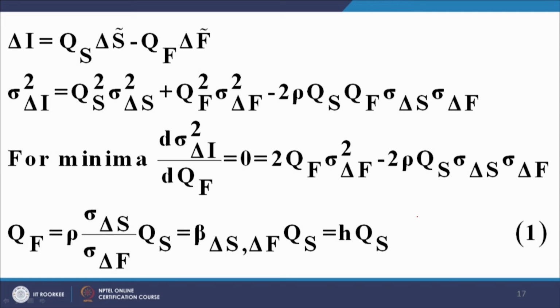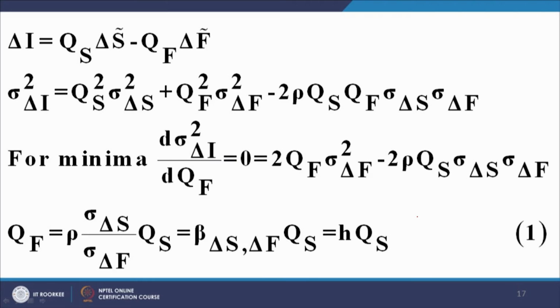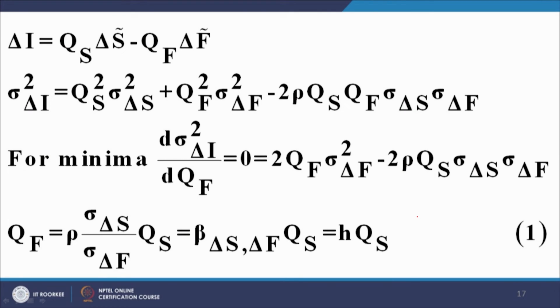So, that is equal to QS, the spot quantity, the cash quantity of the asset, into delta S, where delta S is the change in the spot price between t equal to 0 and t equal to H, plus QF, the quantity that is used for hedging in the futures market, into delta F, where delta F is the change in price of the futures between t equal to 0 and t equal to H.